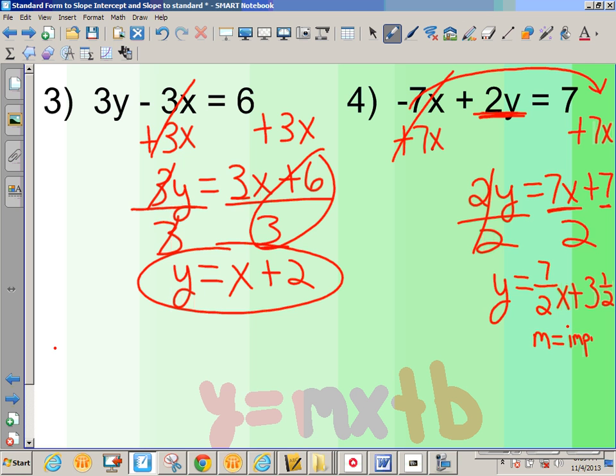When I'm graphing, which is what we're moving towards, I would rather go up 7 and over 2 than up 3.5 and over 1. So slope, leave it improper. However, if I'm graphing the y-intercept, then we're talking about either graphing 7/2 on the y-intercept or 3.5. So of course you'd rather find 3.5 than count up 7/2. So you should change that into a mixed number.